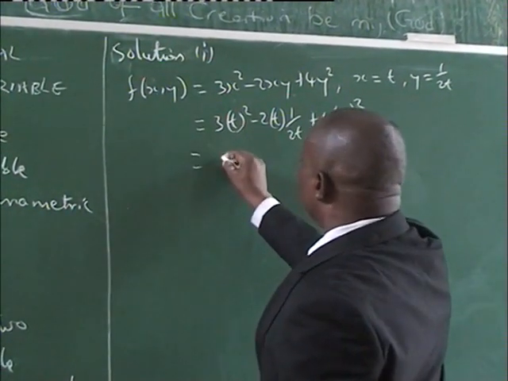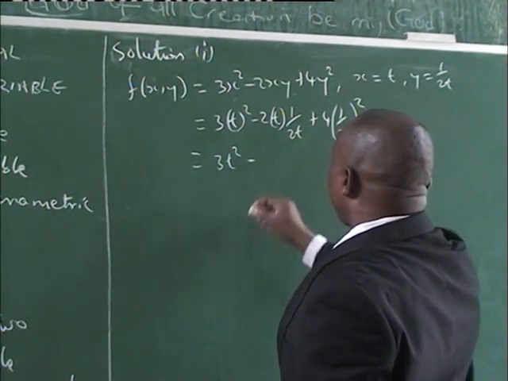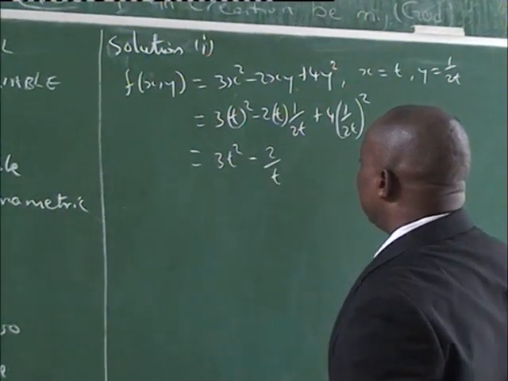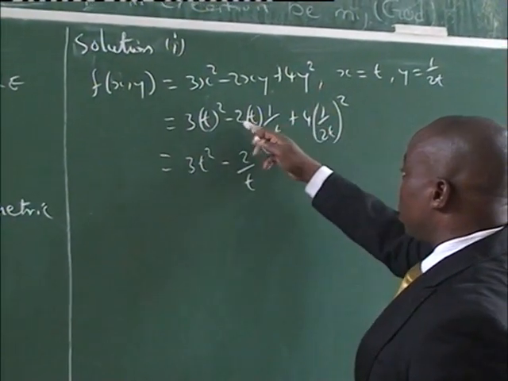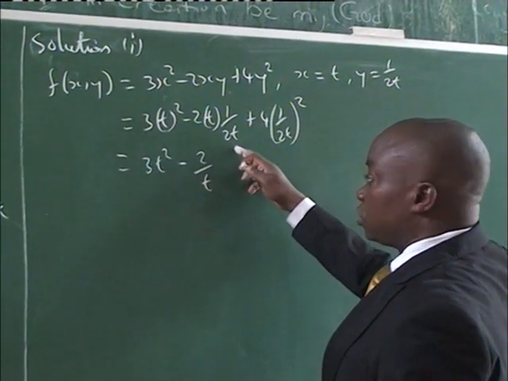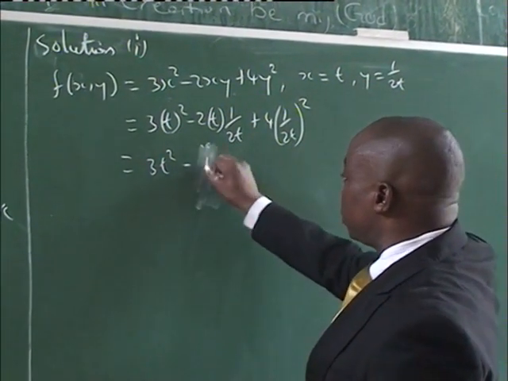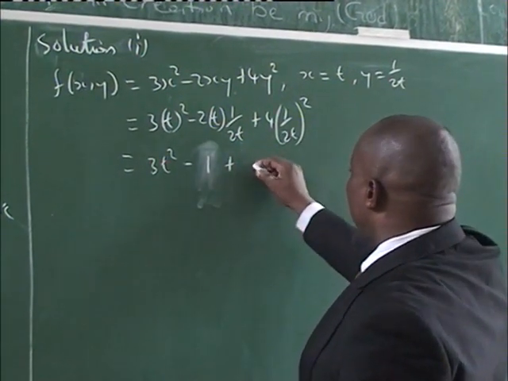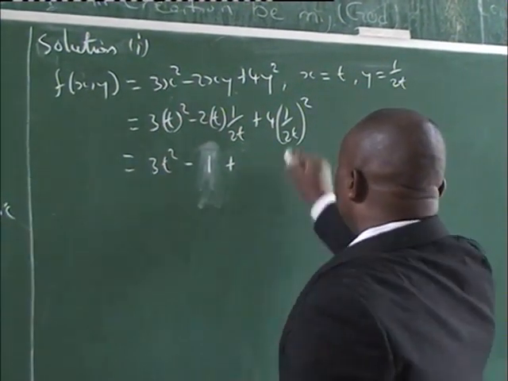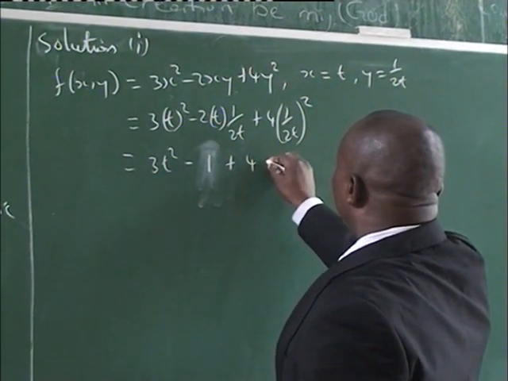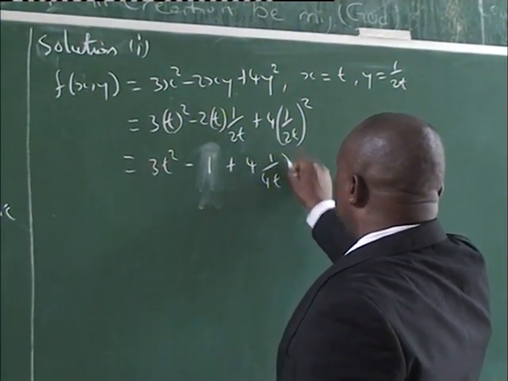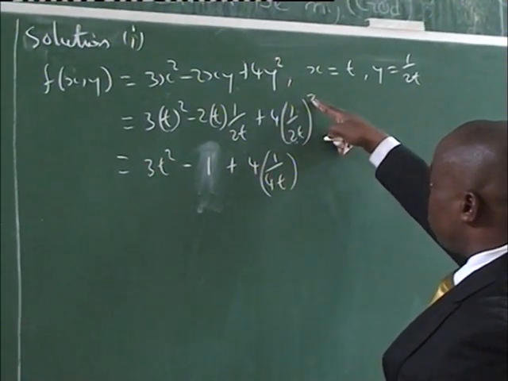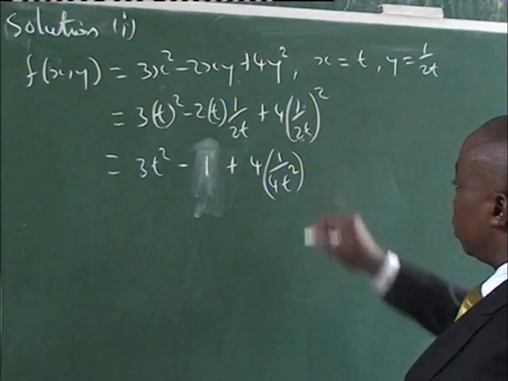And this will give us 3t squared minus 2t times 1 over 2t, where this 2t can cancel 2t. So we have minus 1. Plus, then here again, we have 4 times 1 all over 4t squared, because 1 squared is on 4 squared t squared.